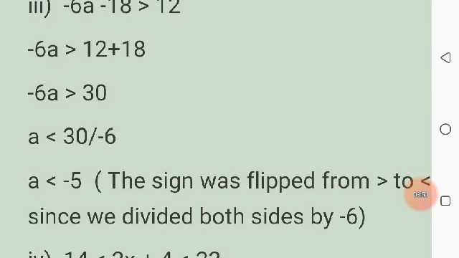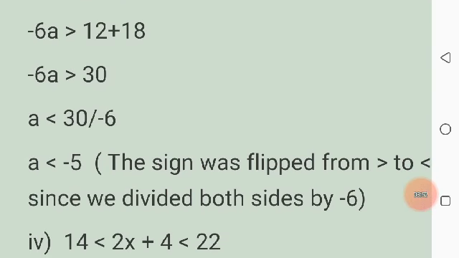So I wrote here that the sign was flipped, was changed from greater than to less than, since we divided both sides by minus 6. So take note once again, when you divide or multiply by a negative number, you will flip the sign, or you change the sign from what it is, from greater than to less than, or from less than to greater than.